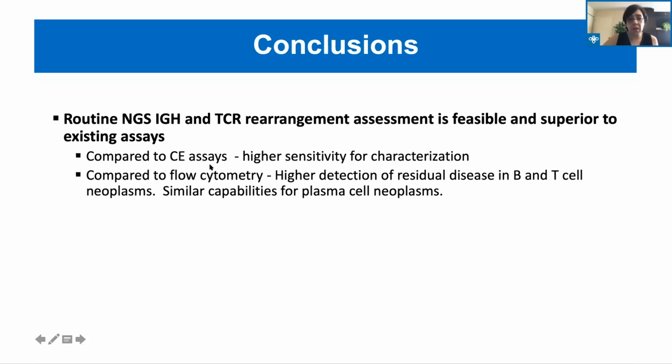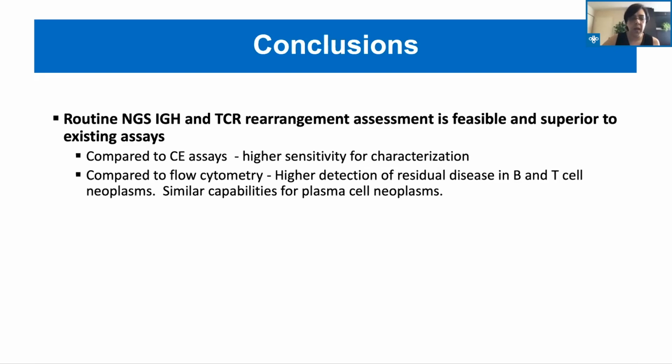Compared to the fragment analysis assays, they do have much higher sensitivity for characterization. But if you're going to use this for monitoring, I would not push the limits for that characterization, even though it does have higher sensitivity, and try to keep with a high tumor content type of sample to be able to do your first characterization if the intent is to use it for monitoring.